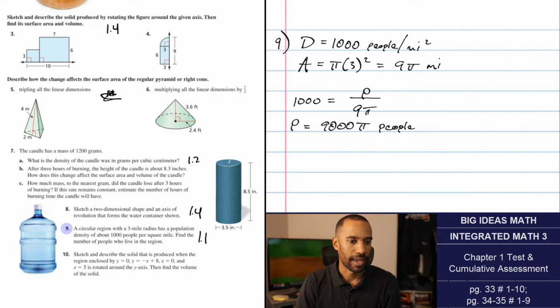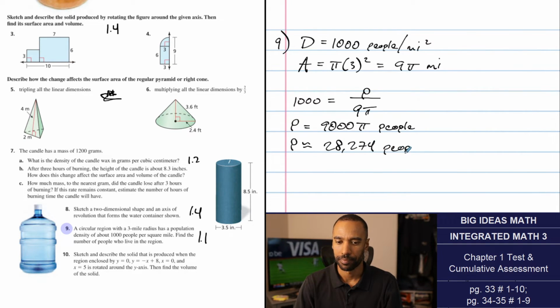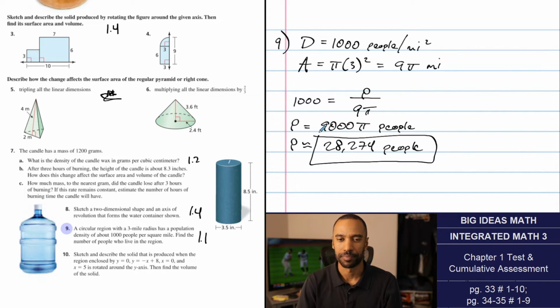So 9,000 times pi is 28,274 people. Find the number of people who live in the region. Yeah, about that.